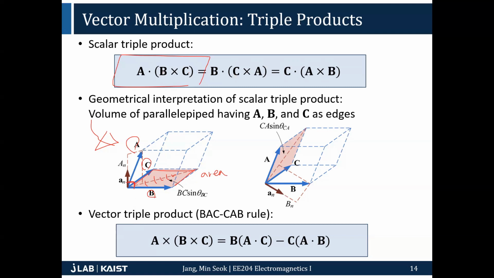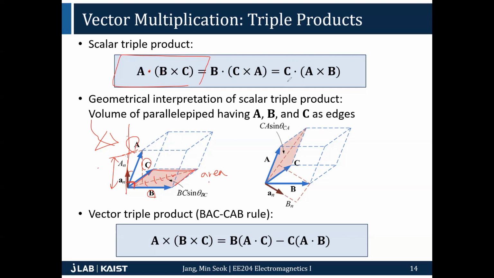Now you take a dot product with A, which means you are doing the projection of A onto this direction. So you have the height of this object. Height multiplied by the area gives you the volume of the parallelepiped, right?